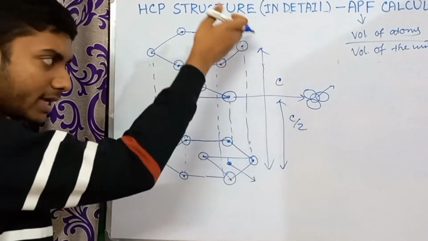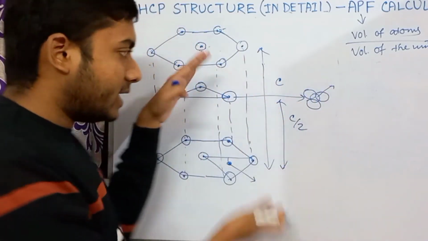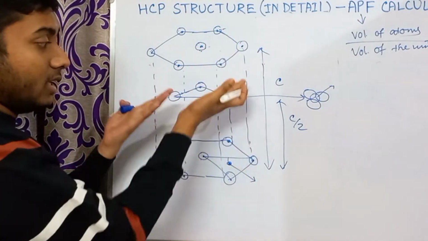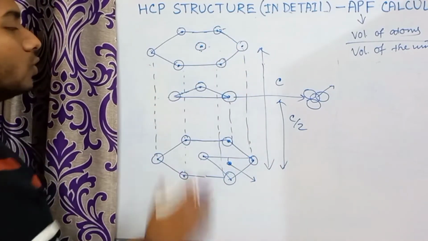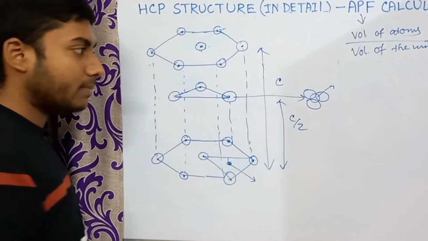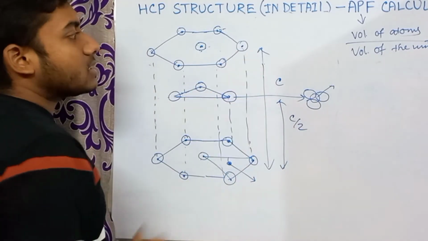If we place this atom, this height is very small, but I have drawn it with this type of gap, this type of length, to clear the concepts easily. Now this is the structure.